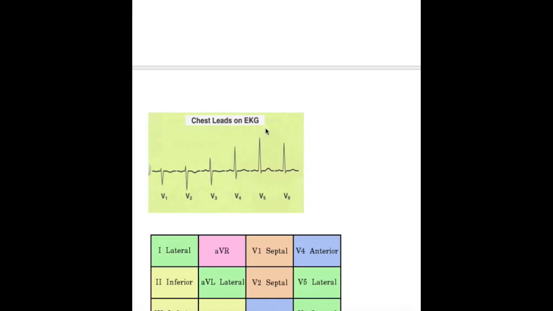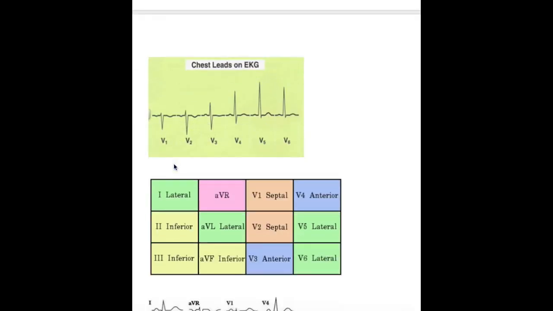So what's the shape of the QRS complex in different chest leads? Beginning from the anterior leads, the right leads, if you see the configuration, the S wave is deepest in chest lead 2. And in which lead is the R tallest? The R is tallest in chest lead 5.